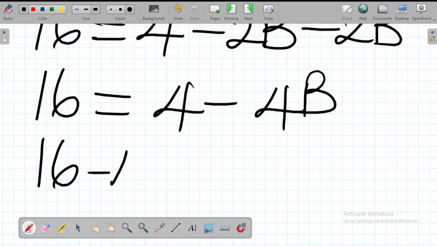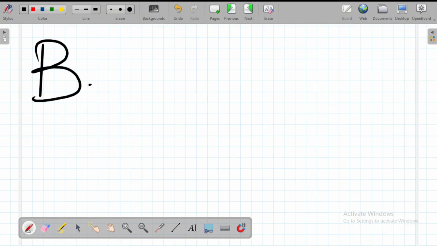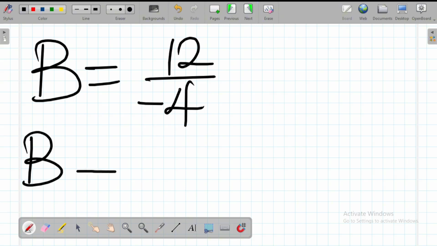It becomes negative 4 is equal to negative 4b. Wait, 16 minus 4 gives 12, so b is equal to 12 all over negative 4. So therefore, b is equal to 4 into itself is 1, 4 into 12 is 3. So we have negative 3.